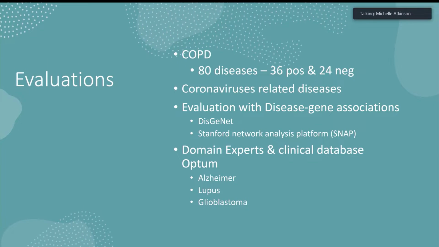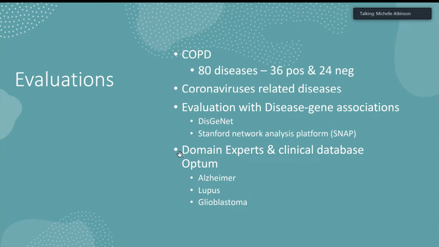We took the lung disease branch on the MeSH terms, and then we tried to identify what are the diseases related to COPD, and then we asked the experts to evaluate our predictions.